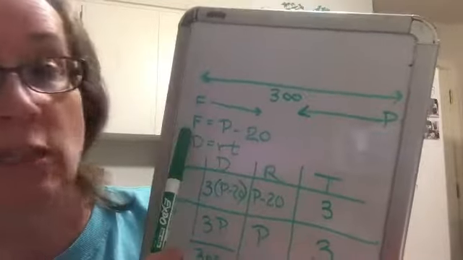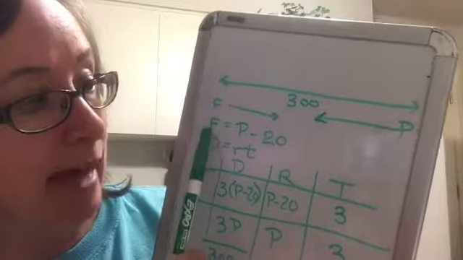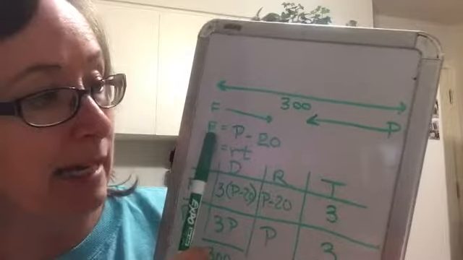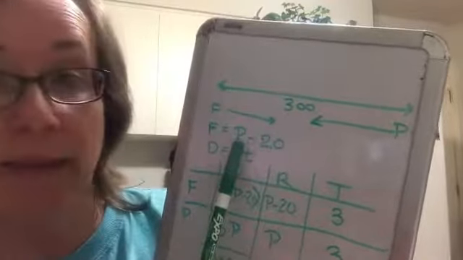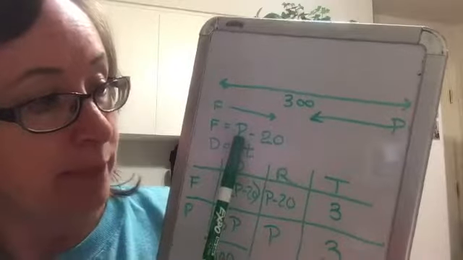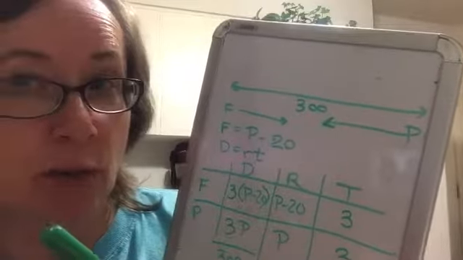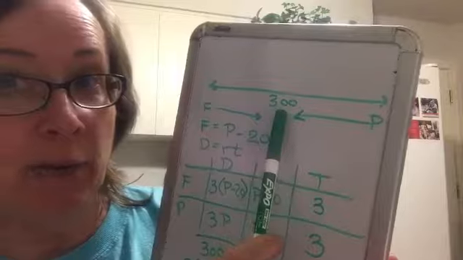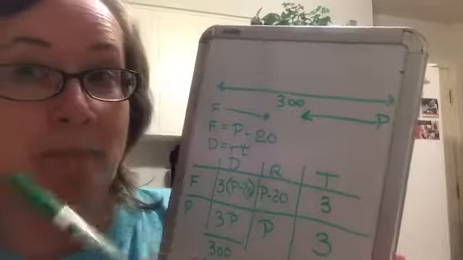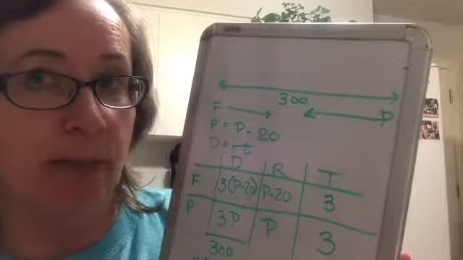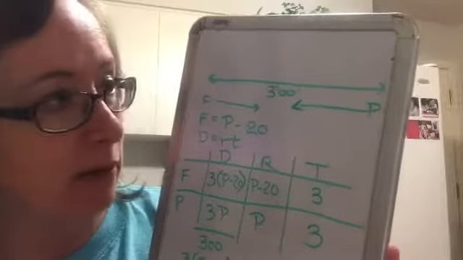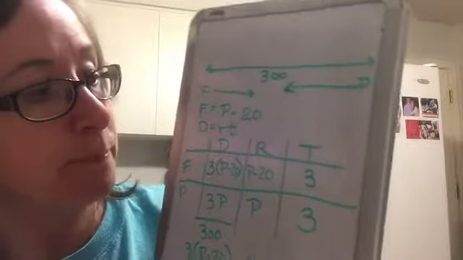So they give us this little piece of information that the freight train is 20 miles slower than the passenger train. And we also know that they're 300 miles apart, so they were going to pass each other after 3 hours.